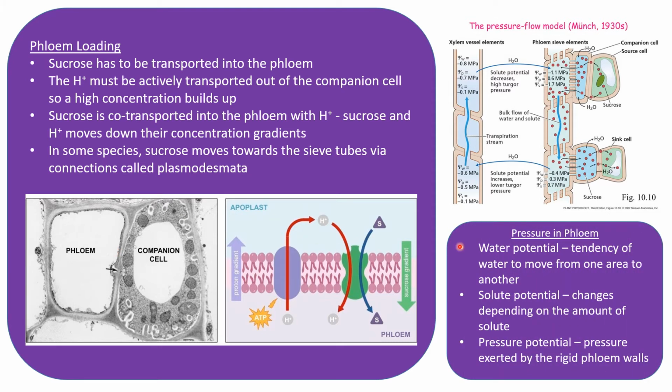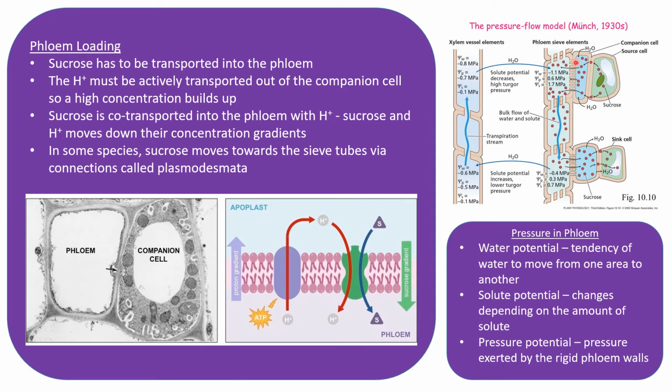Within the phloem, there's a high pressure at one end and a low pressure at another end. That means that the solutes and the water are able to move from an area of high pressure to an area of low pressure. So one end of the phloem will always have a higher pressure than the other end.